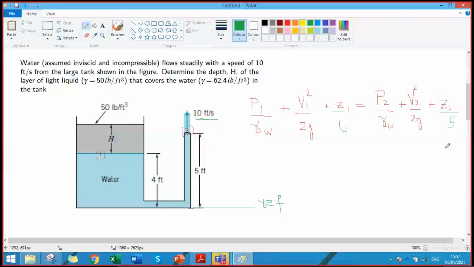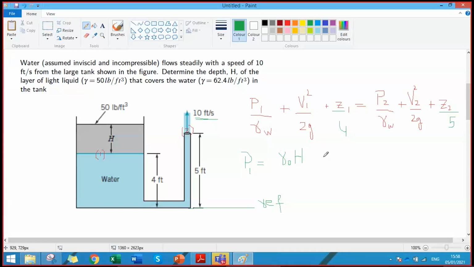What about P1? P1 would be gamma of the light liquid. If we call it, let's say, some oil, then it is gamma of oil into the elevation H, which is unknown to us.